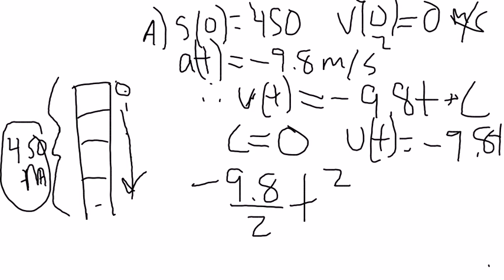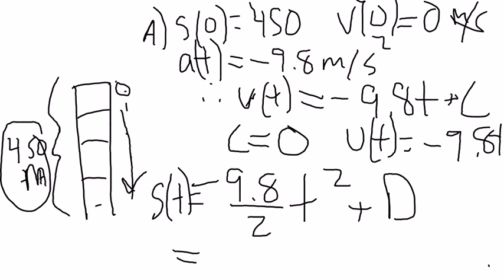And then we also have our arbitrary value d. And then we simplify that, it goes to negative 4.9 t squared plus d.